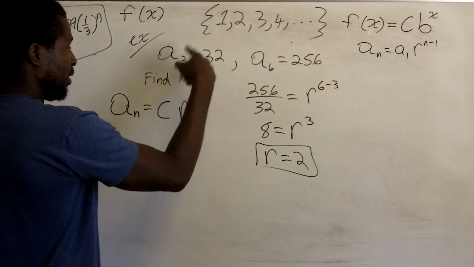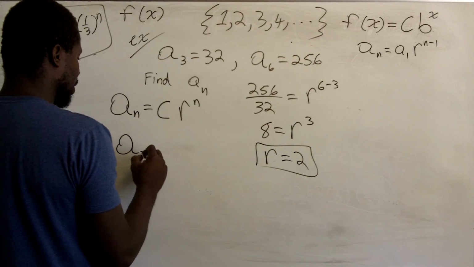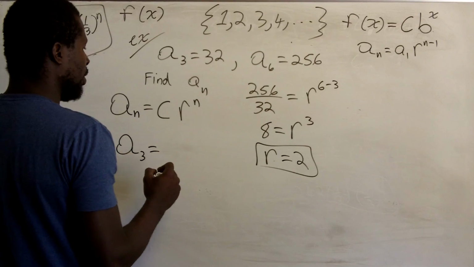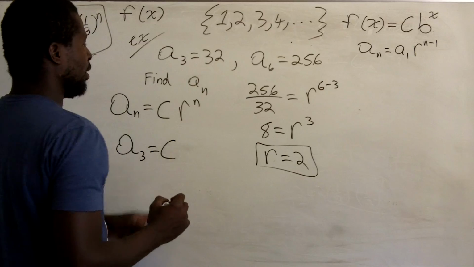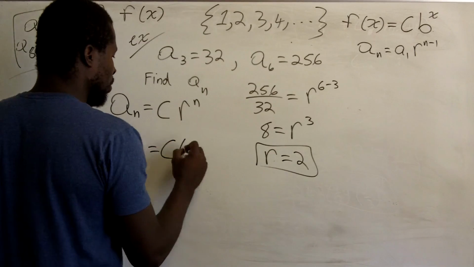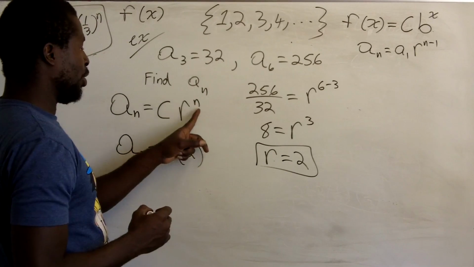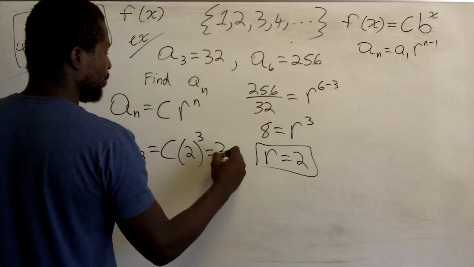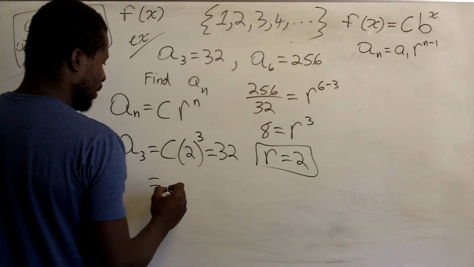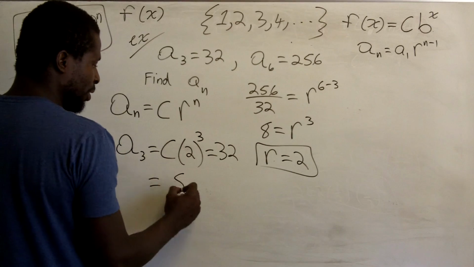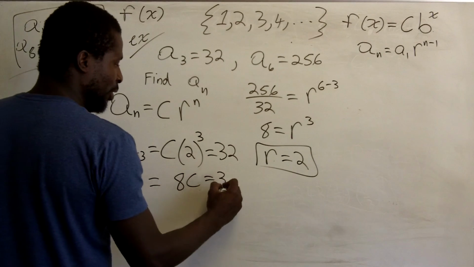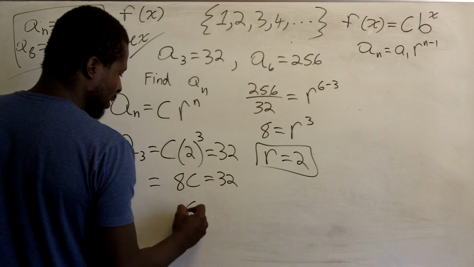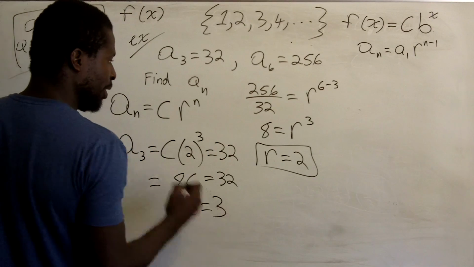So let's use this. We know that A3 is equal to some constant times r, which we just found as 2, to the third power. That's equal to the number 32. So 2 to the third power is 8, 8c is equal to 32, in which case we see that c is equal to 4.